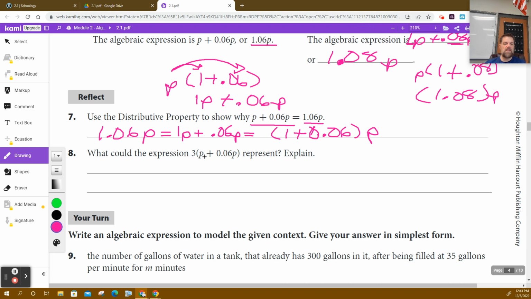Okay? So I'm factoring out the P, and when I factor out the P, I just add the coefficients. Well, it says, what could the expression 3 times the quantity P plus 0.06 represent? Well, it could be 3 items, right?